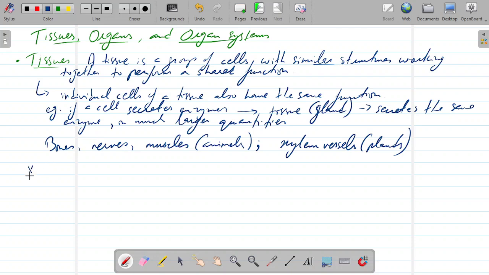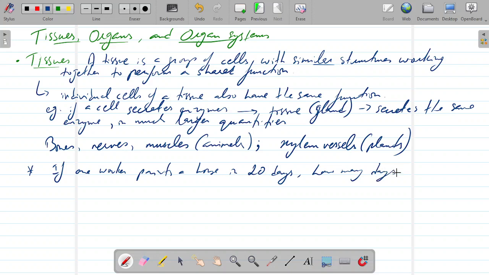You can use the analogy, the one that we come across in math, that if one worker paints a house in, let's say, 20 days, how many days will it take 5 workers? And you can do the simple math and you would say, oh, well, it would take 4 days.